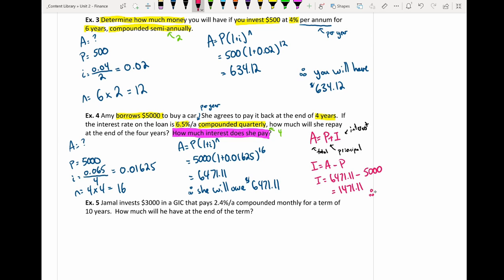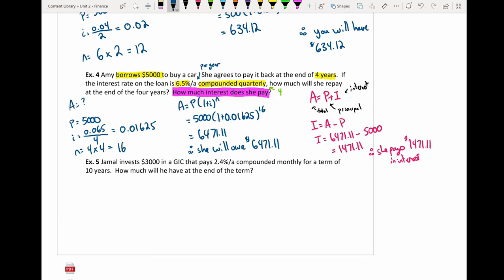So therefore, she pays $1,471.11 in interest. So that is just another small calculation. So just be careful, make sure you read the question to fully understand what they're asking.